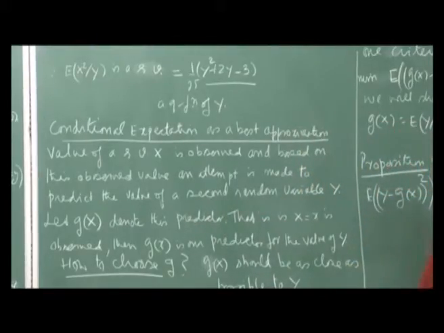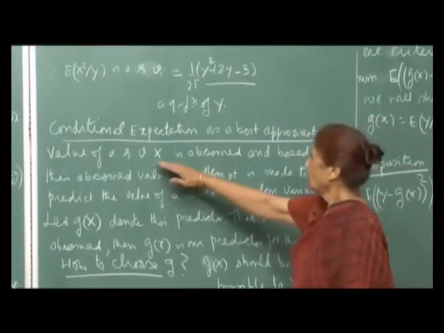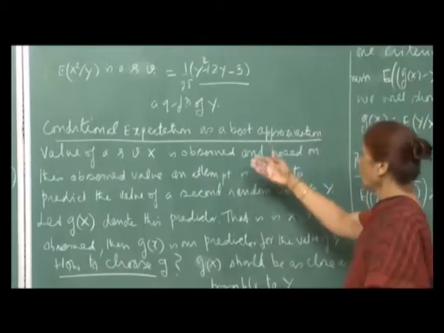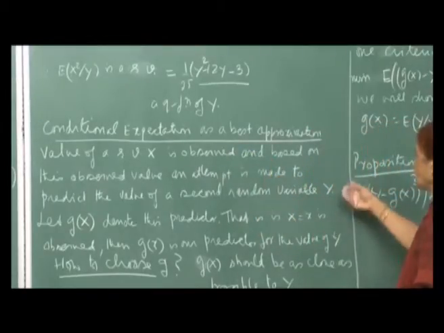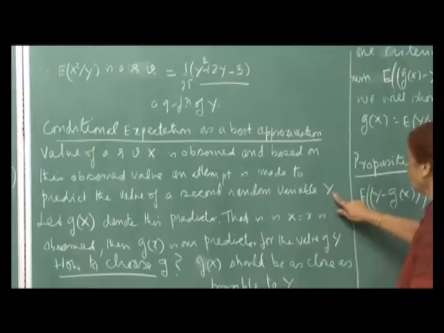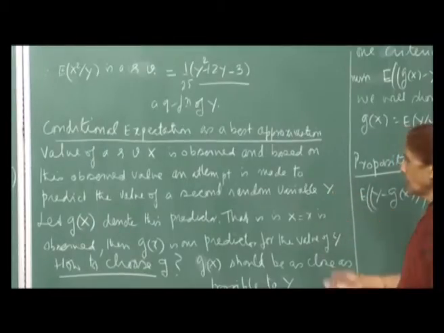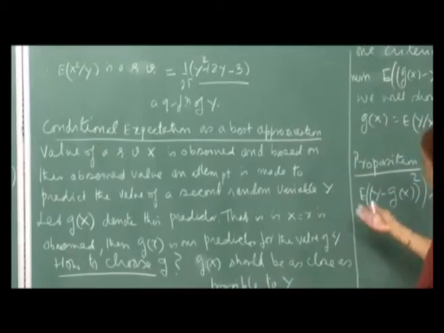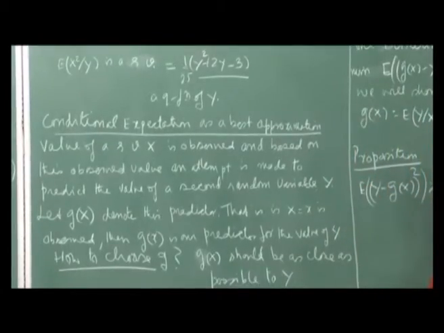Sometimes it may be easier to observe the value of a certain random variable, and if based on that observed value you can make some attempt to predict the value of another random variable, that helps you, because then you do not have to conduct another experiment to obtain the value of y.